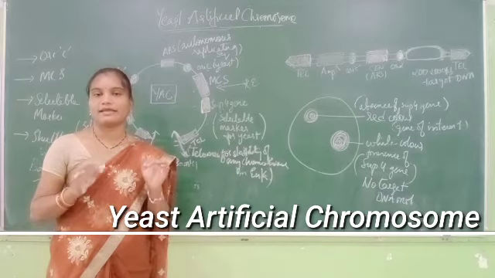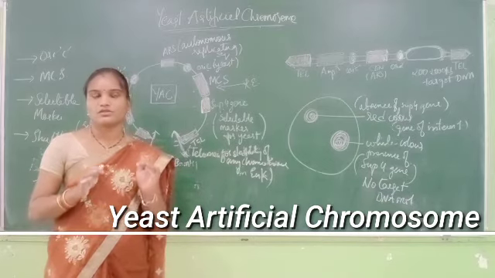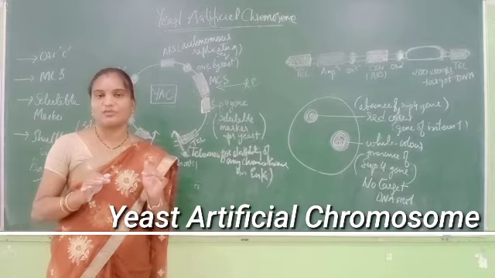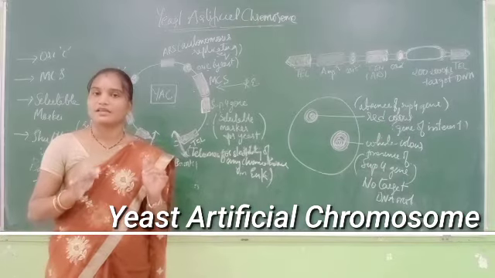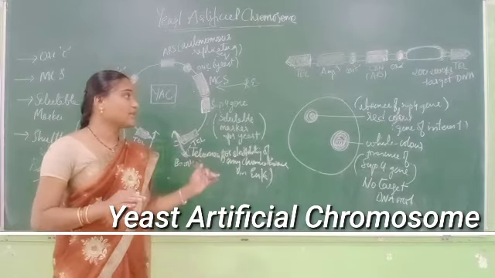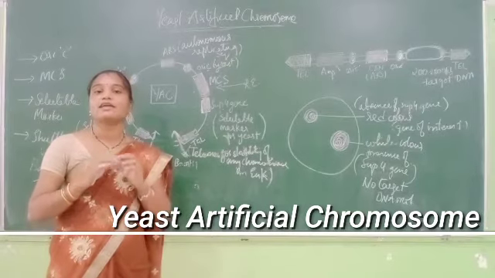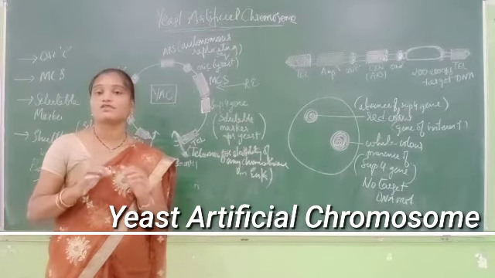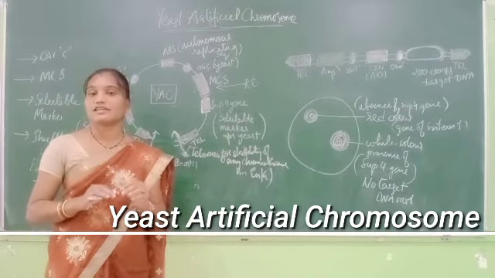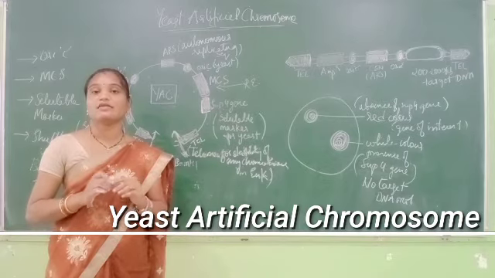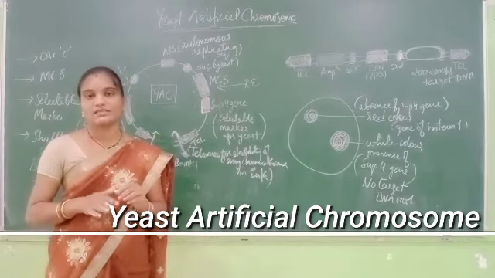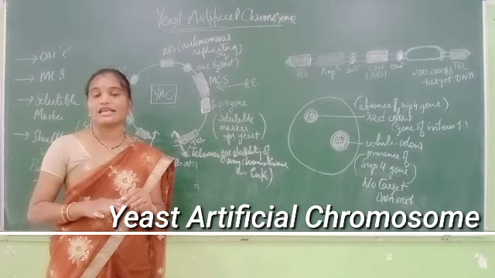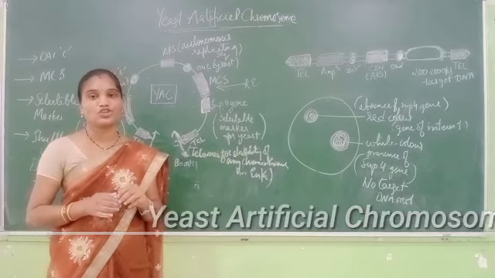Moreover, BAC can carry only smaller sized DNA molecules of around 200 kilobases, when compared to your YAC, which can carry 200 to 2000 kilobases of DNA. Generally, YAC is used in transgenic animals, and in preparation of genomic library.